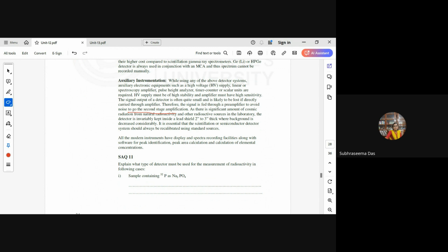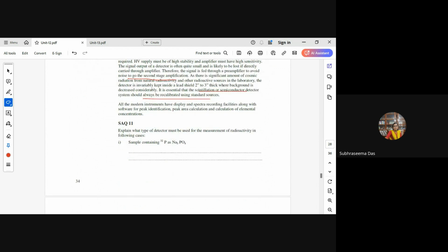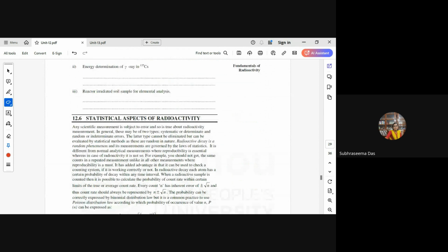It is always essential that the scintillation or semiconductor detector be recalibrated using standard sources. All modern instruments have spectra recording facilities along with software for peak identification, peak area calculation, and calibration of the instrument.